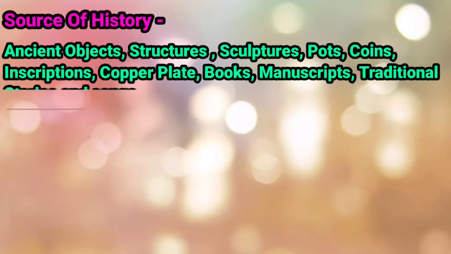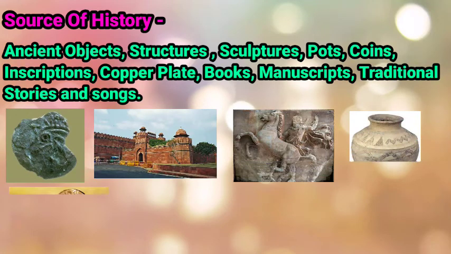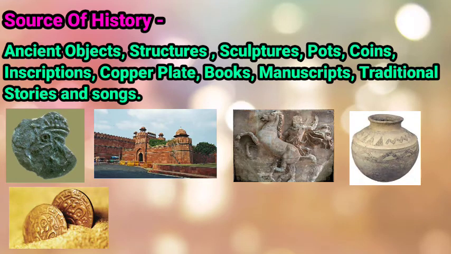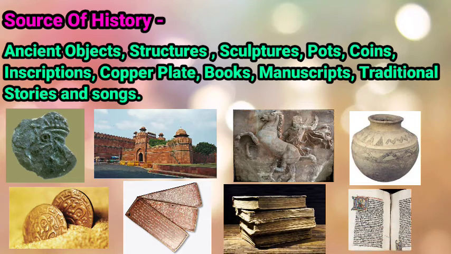The different sources of history include ancient objects, structures, sculpture, pots, coins, inscriptions, copper plates, books, manuscripts, traditional stories and songs remembered over the generations, and so on. All these sources of history provide a guideline to write the historical account.